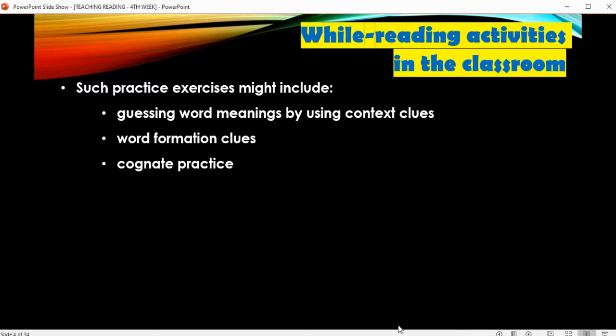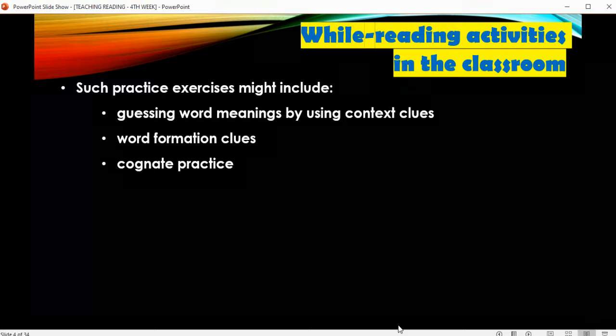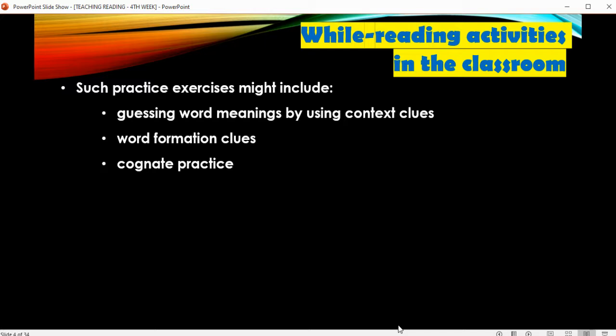Then we have here the cognate practice. Cognates, as you can remember, are words which are similar from one language to another language. For example, in our language, we say radio, televisión, doctor, but we have similar words in English.